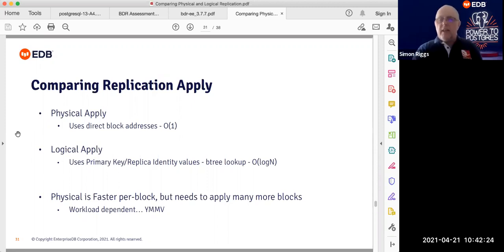Now, here's the difficulty in understanding which one will be faster, physical or logical, because physical is much faster per block, as I'm showing you here, but physical needs to apply more blocks. So in a situation where there are many vacuums running, you'll often find that physical replication will run more slowly than logical replication, whereas when those vacuums are finished, you might find it goes the other way, and logical replication would be slower than physical.